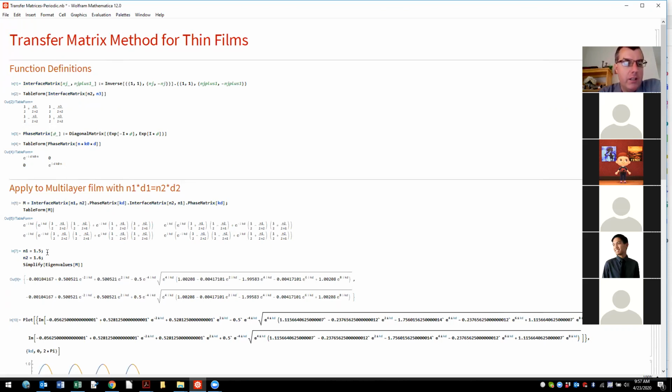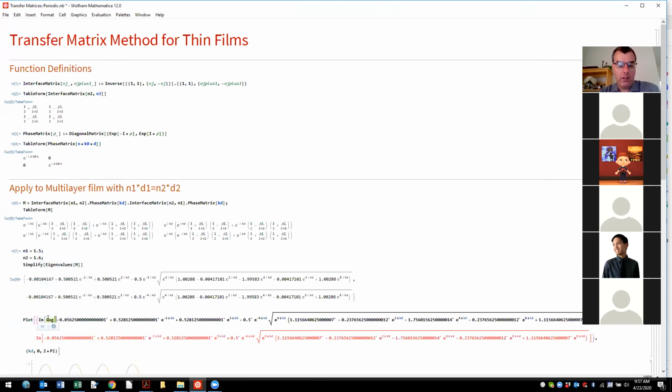I could have put in something else, but I put in a small refractive index contrast. I solve for the eigenvalues. I get something messy. All right? Then I look for the, and I just realized that I should be taking the log of all of this.